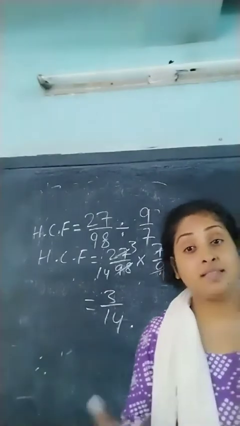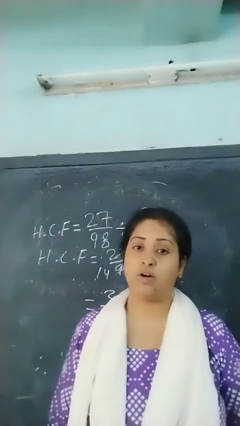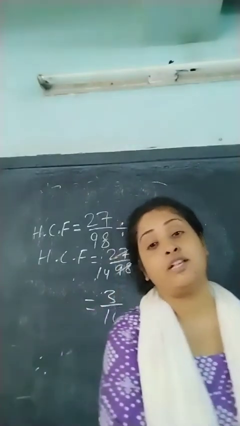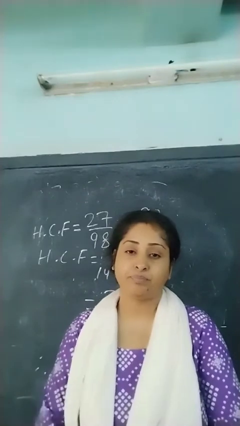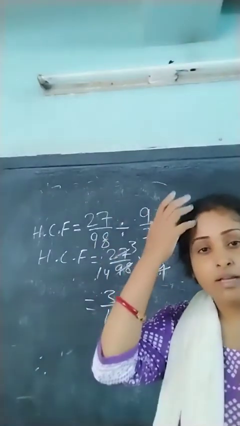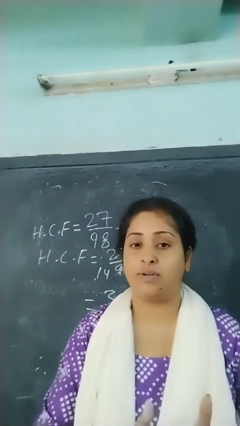Now in case HCF is given to you and you are asked to find out the LCM, the same formula we will apply. Only in place of HCF we will write the number and find out the LCM, just as I have done. So product will be given to you and another number will be given to you.